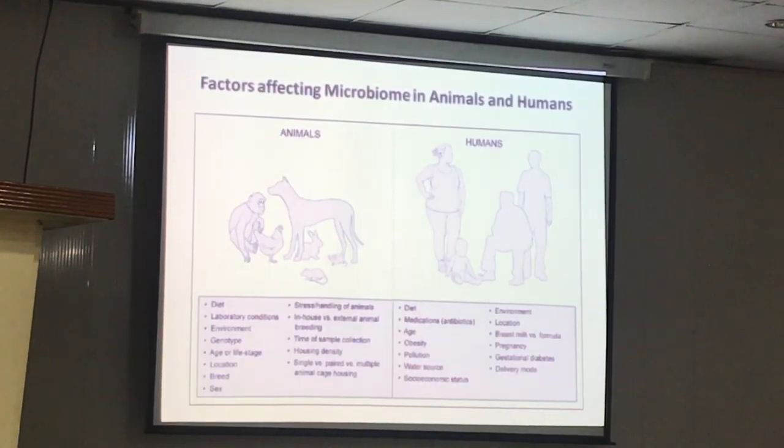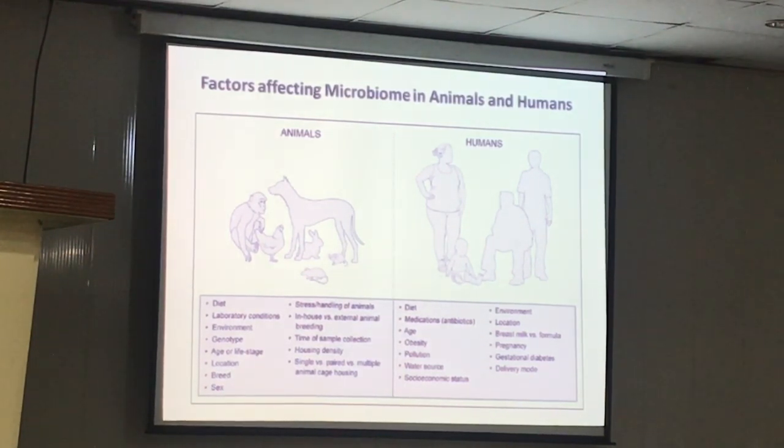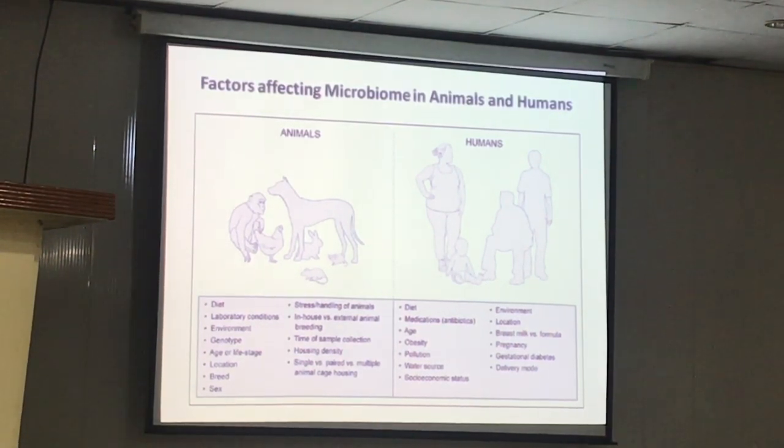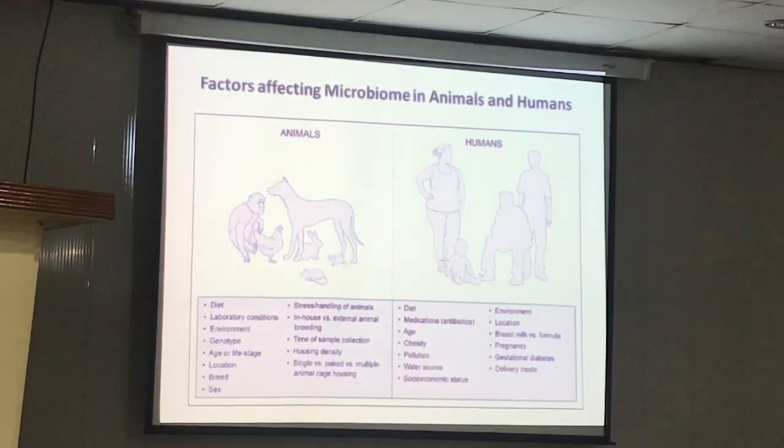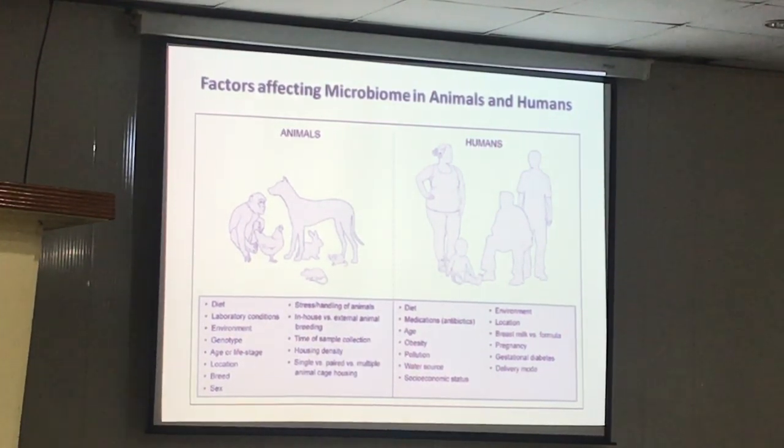Next slide, please. Now, the factors affecting the microbiome in animals and humans. Those of you who work with the microbiome will know that any particular anatomical niche in an animal or a human may have a particular microbial population. Let's say the gut of the humans, the gut of the animals. It may be the skin in some cases. It may be the mouth.